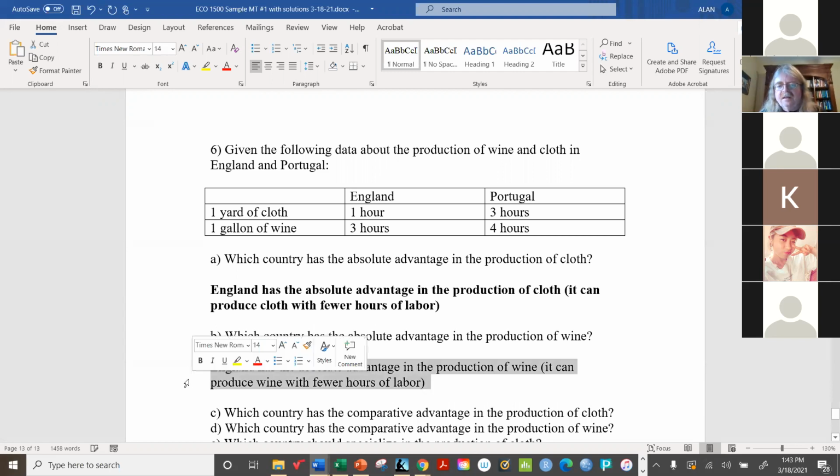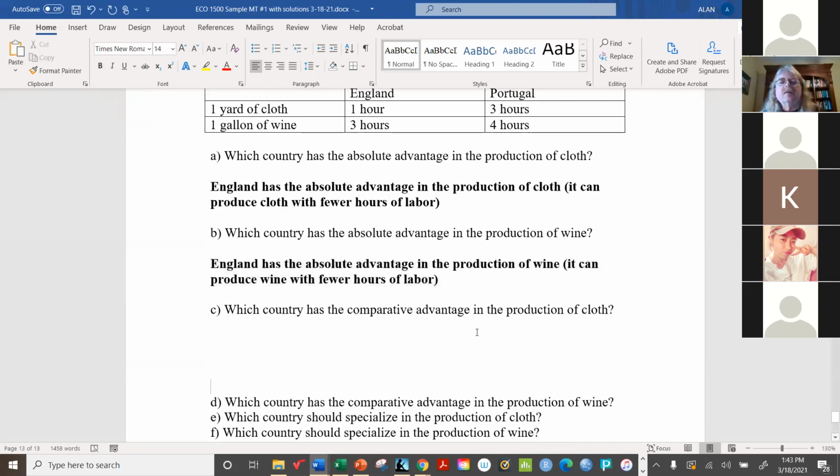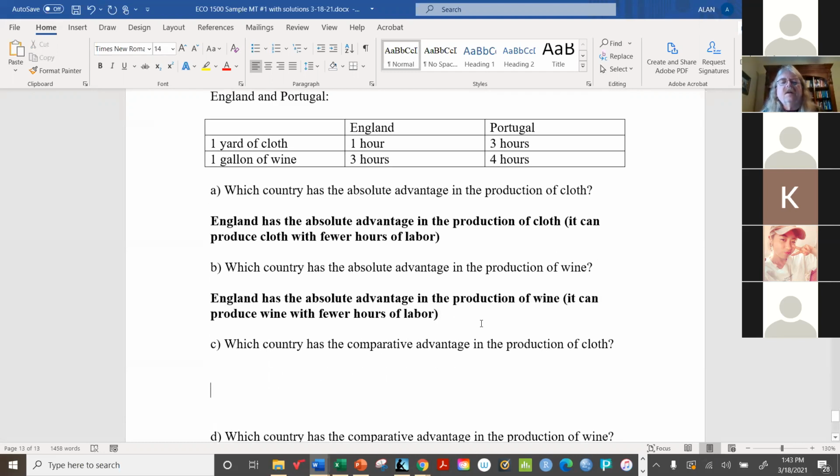Now, what about the comparative advantage, though? If you want to, you can take a step back and calculate the opportunity costs. So in other words, for England, the opportunity cost of cloth. Now, when we say the opportunity cost of cloth, we mean the sacrificed wine over the gained cloth.